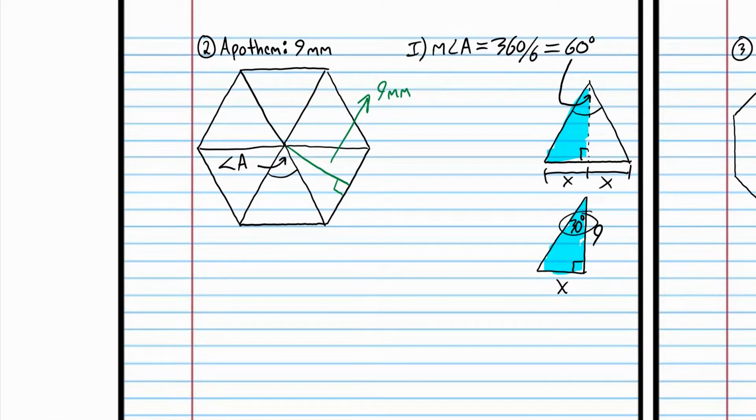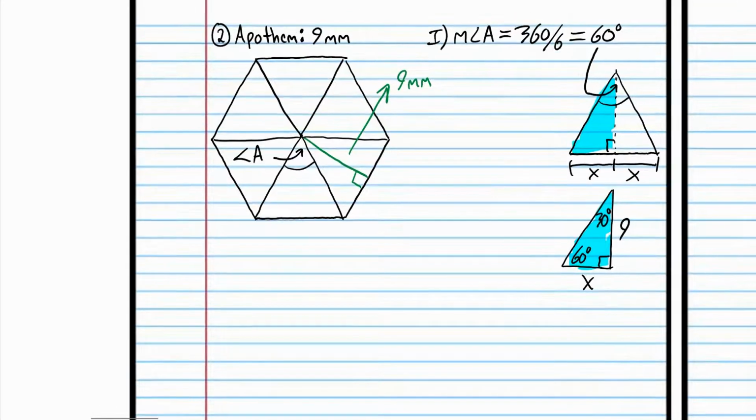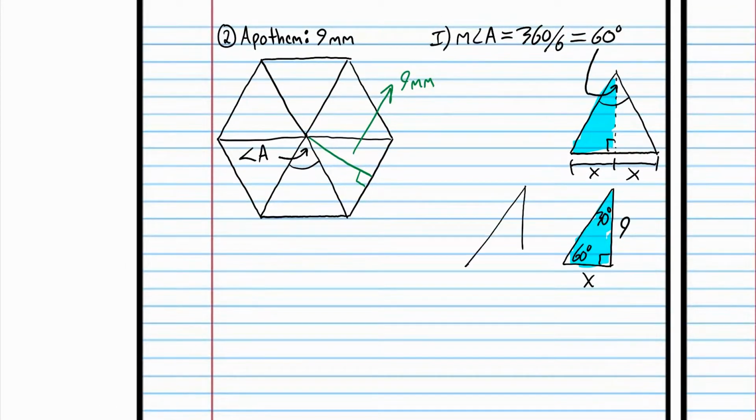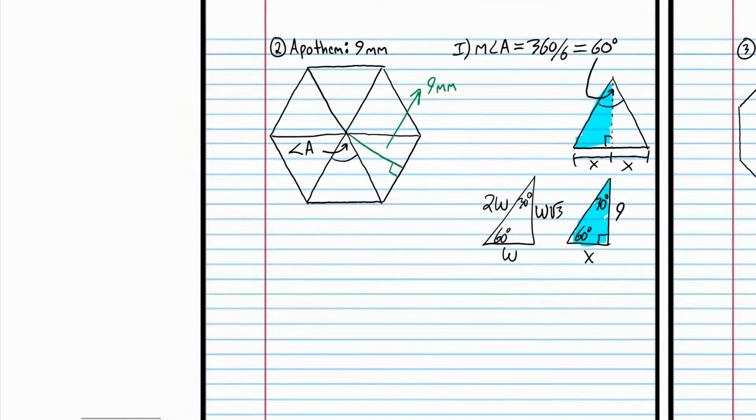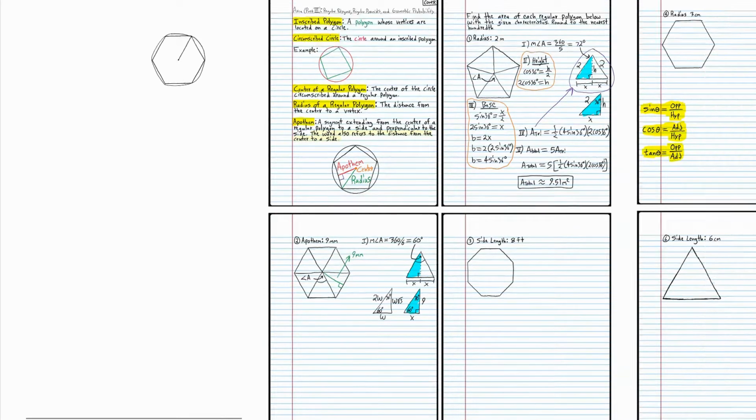Now, if this angle is 30 degrees, that means that this angle must be 60 degrees by the triangle sum theorem. So we definitely have a special triangle. And so remember, if the opposite side is W, then the side opposite the 60 degree angle is W root 3, and the hypotenuse is always 2 times W. Now in this problem, you can use the special triangles if you want, but you can also use these trig ratios.